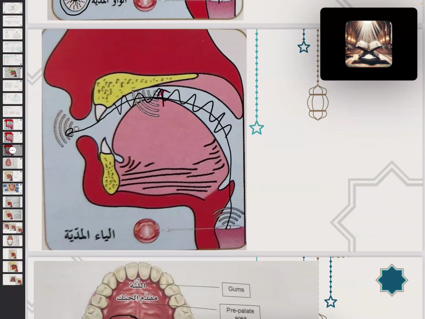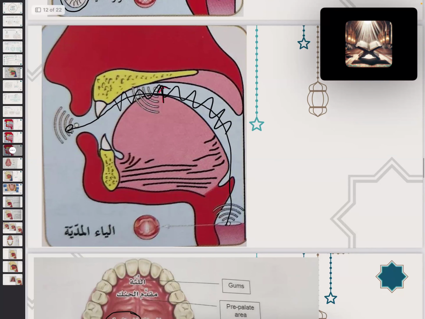It is ياء مد when it has سكون and is preceded by a letter that has كسرة. The shape of the mouth, the lips, is normal, and the middle of the tongue rises. Yes, thank you so much. The sound comes from the jaw. Perfect.